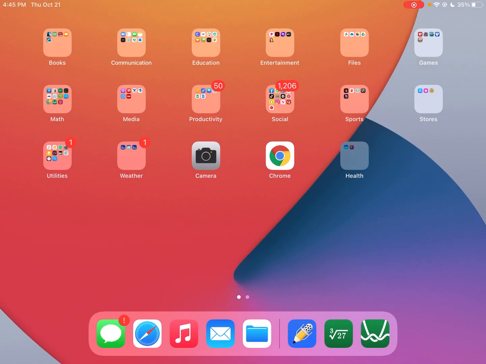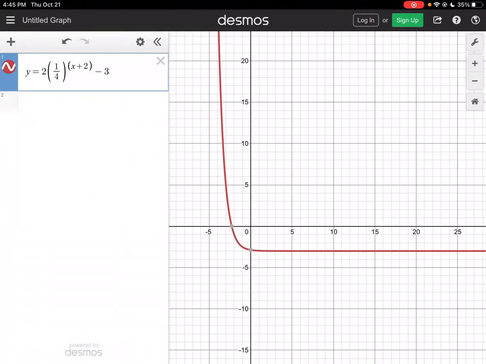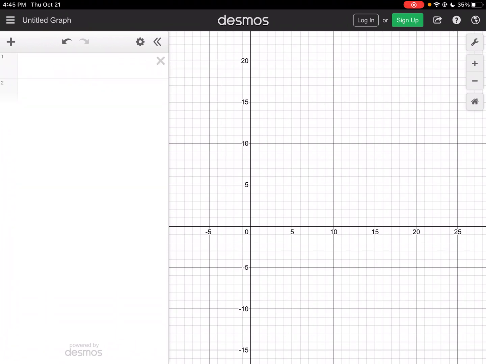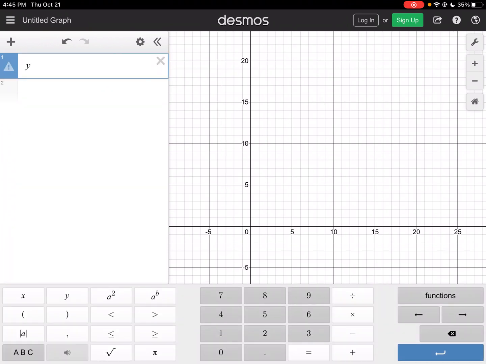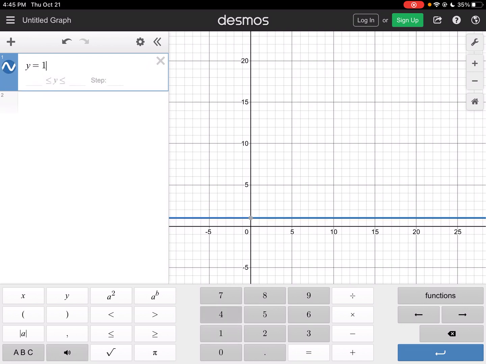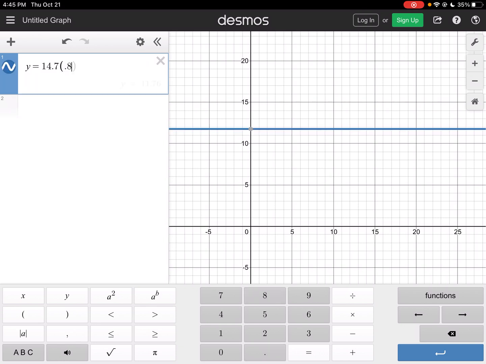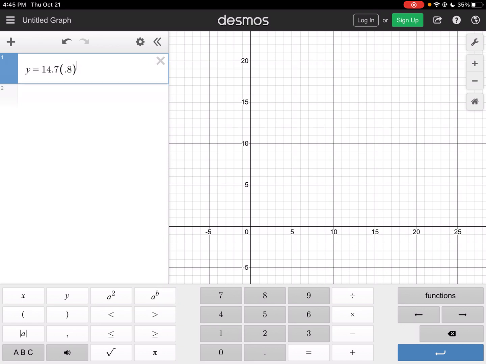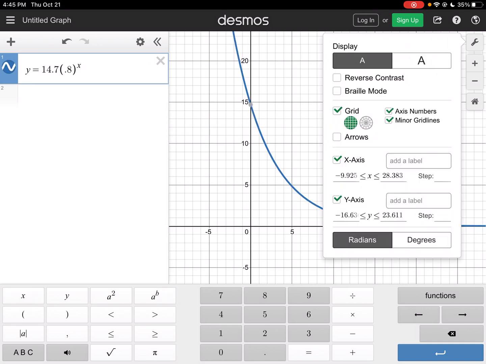So I think that's enough for us to do our graph then. So I'm going to say y equals, let's say, 14.7 times 0.8, and we'll raise that to the x power.